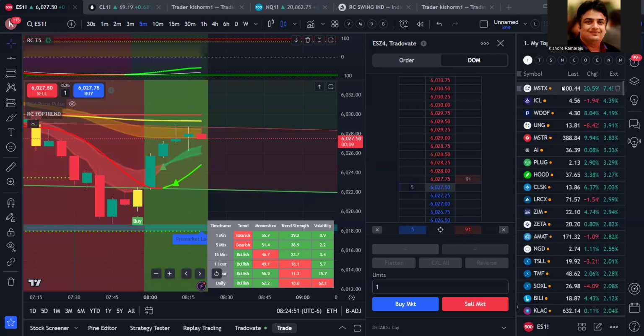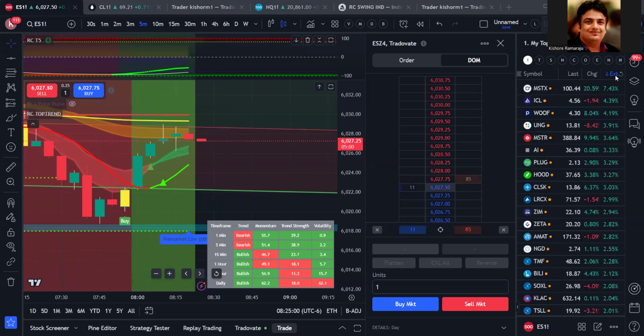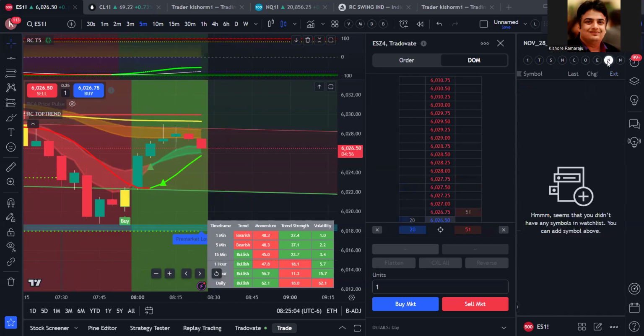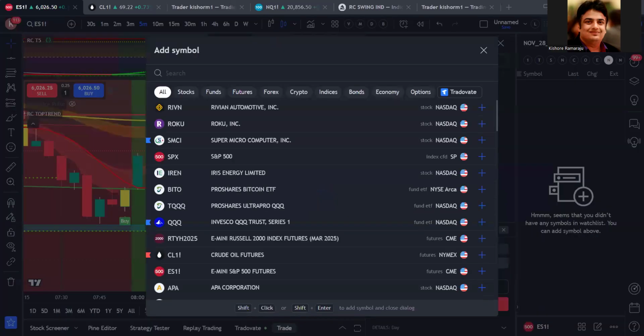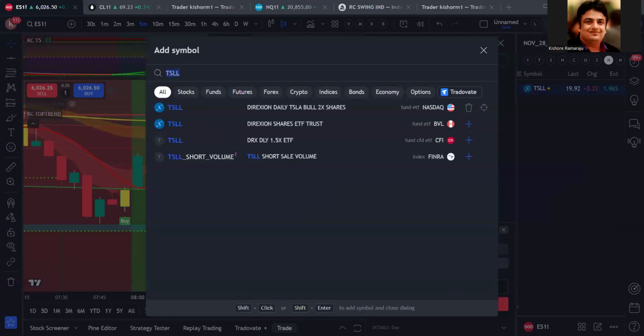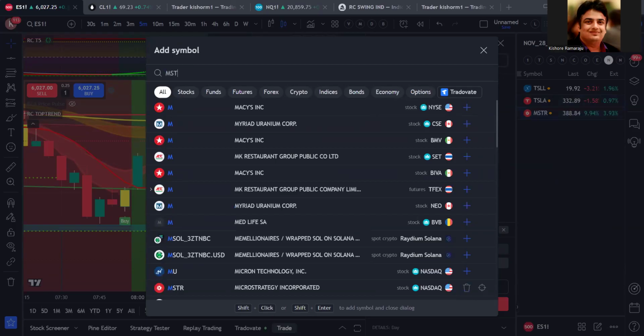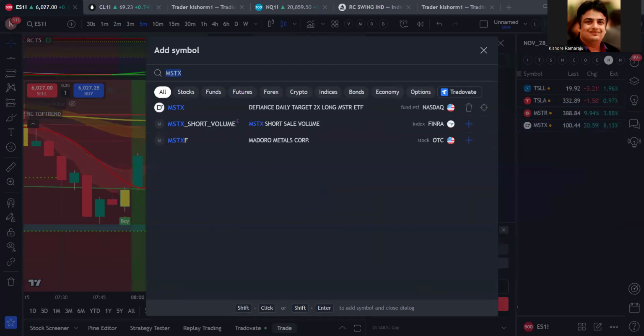MSTX. So look at some good stocks because they will have good liquidity. So now I see AI, Hood, MSTR. So I'll go here. I can add Tesla, MSTR, MSTX.